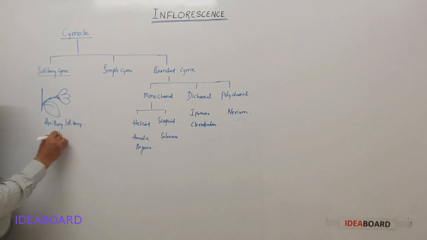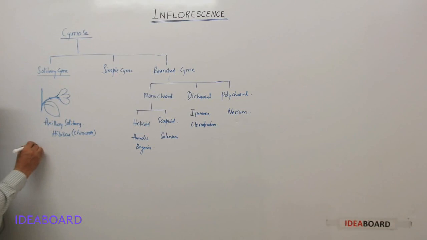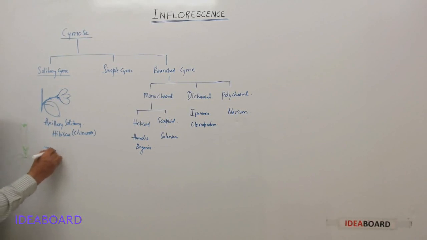And when you find a single flower at the apex of the branch, as in the case of datura, this is called terminal solitary. Example is datura.